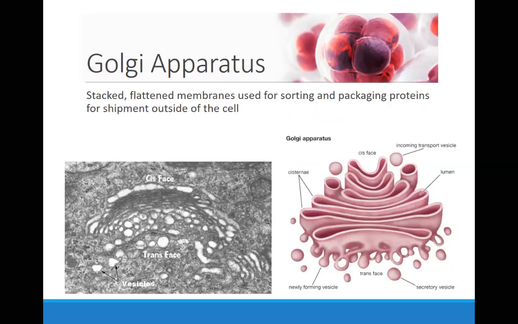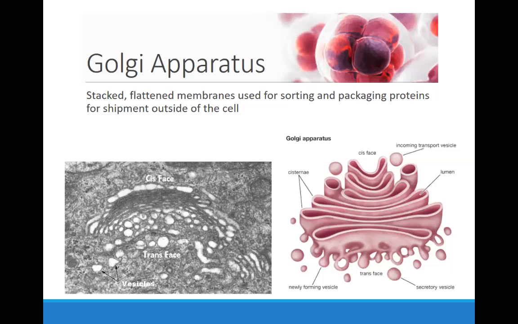The one thing that's difficult about the Golgi apparatus is that it often gets confused with the smooth ER, but their functions are different. While the smooth ER is for shipping inside the cell, the Golgi apparatus really starts packaging materials to ship outside the cell. It'll attach things like lipids to the material so it can get through the cell membrane and get out into other parts of the body.